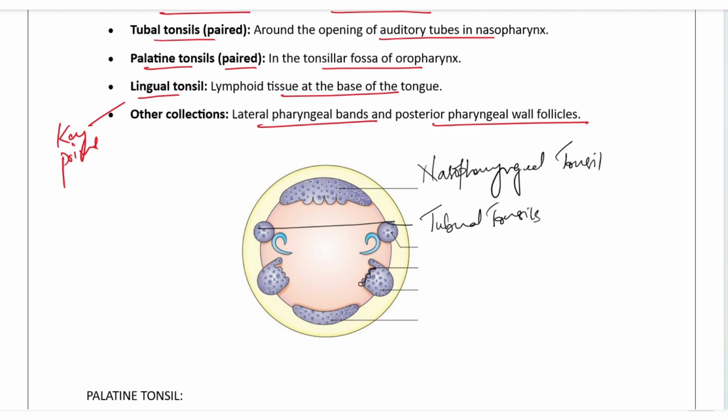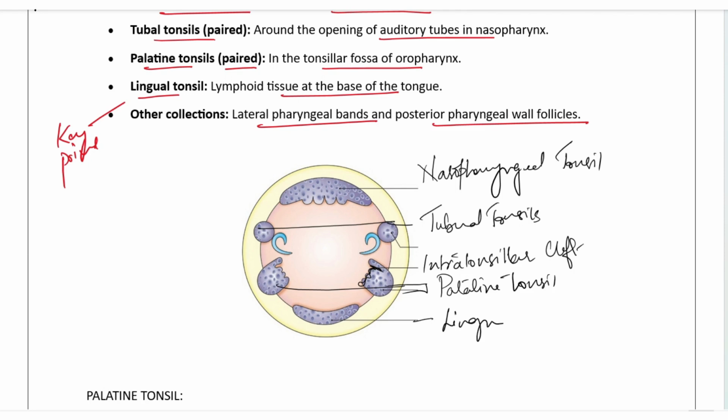This thing here is the cleft, so it's called the intratonsillar cleft. These are again paired palatine tonsils. And lastly, the one present below is the lingual tonsil. Okay.